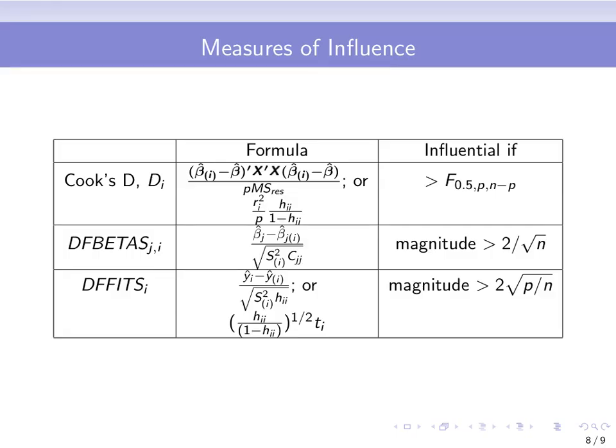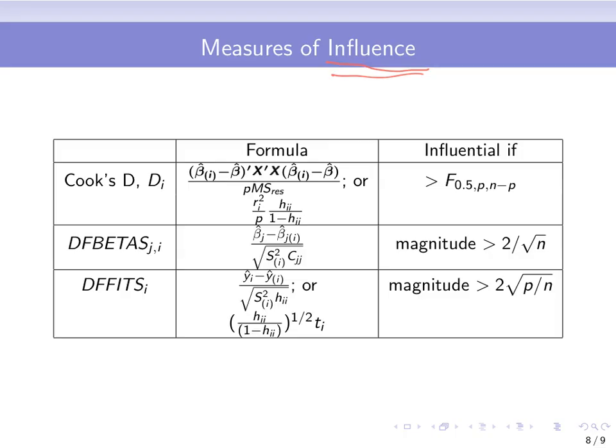So we talked about outliers in the predictors and outliers in the response. What we really are concerned with more is whether these data points are influential. These are some different measures of influence. They basically measure the difference between either the fitted value or the regression equation with that data point or not.